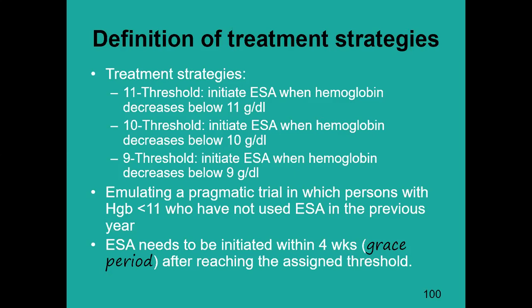So emulating a pragmatic trial in which patients with hemoglobin less than 11 who have not used ESA in the previous year. So that's the trial that we want to emulate.